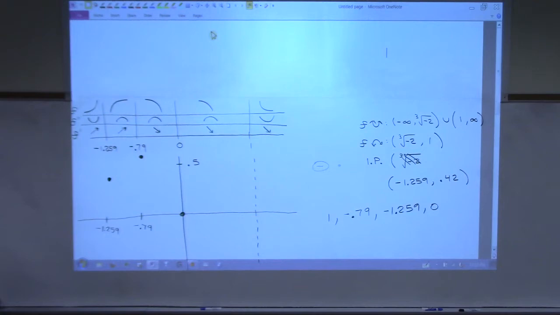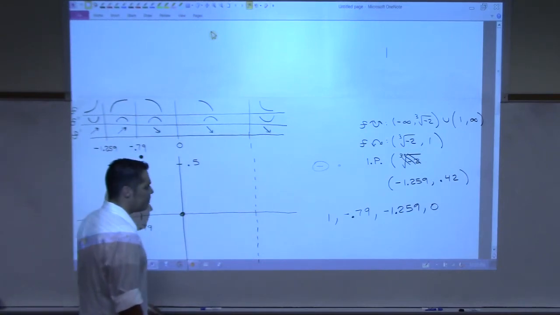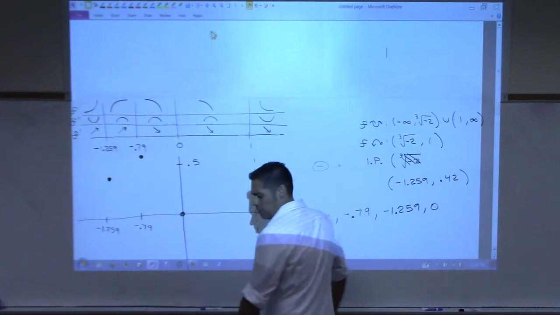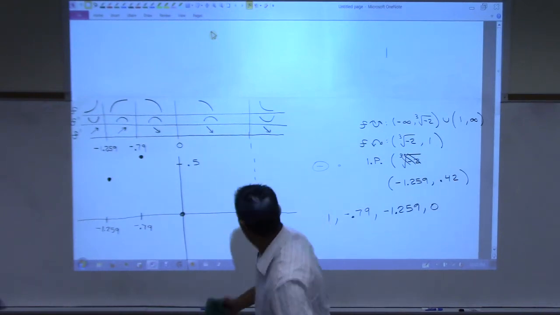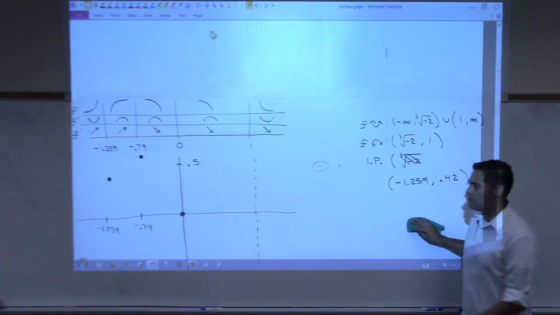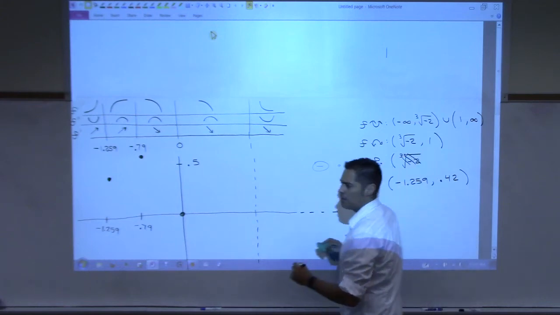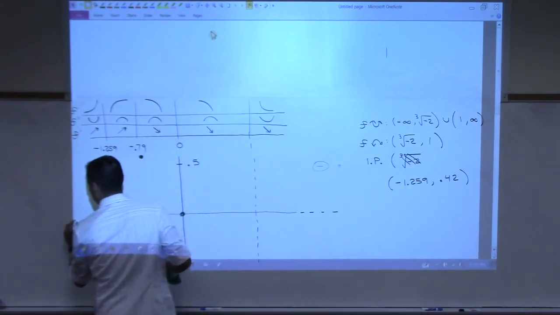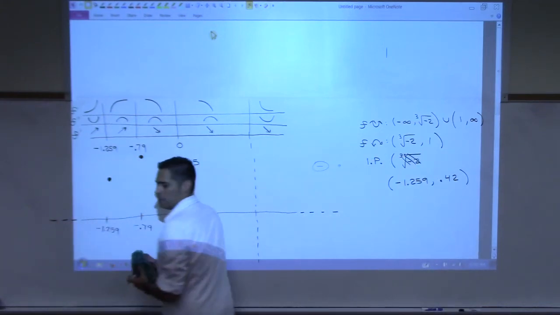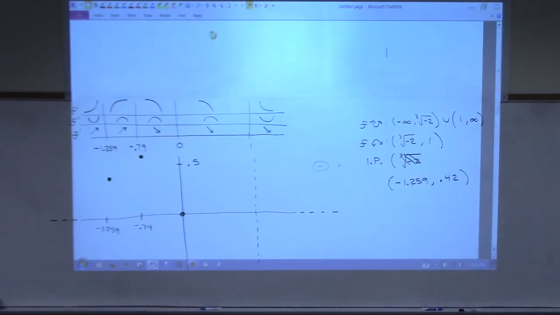We good? There's some other pieces to my graph that I have not included. How about the horizontal asymptotes? We know my graph flattens out over here, right? And we know the graph flattens out over here. Let's see if we can draw it from this.